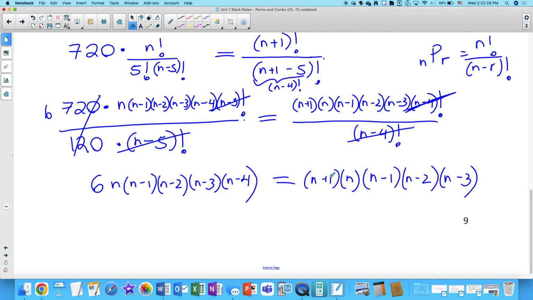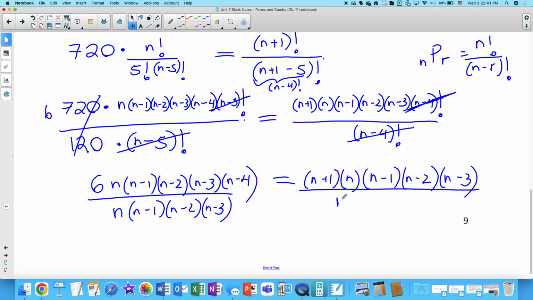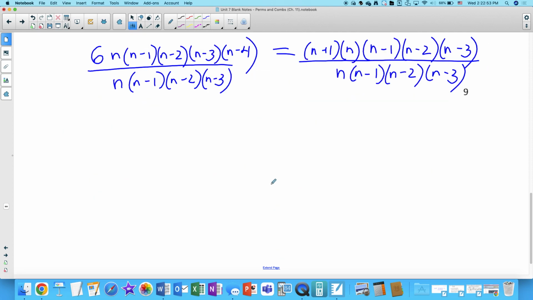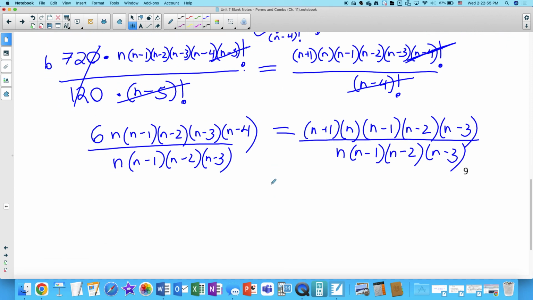Okay? So I will divide both sides of the equation by all of those common factors, n times n minus 1 times n minus 2 times n minus 3. And then what's left is not very much, actually, right?